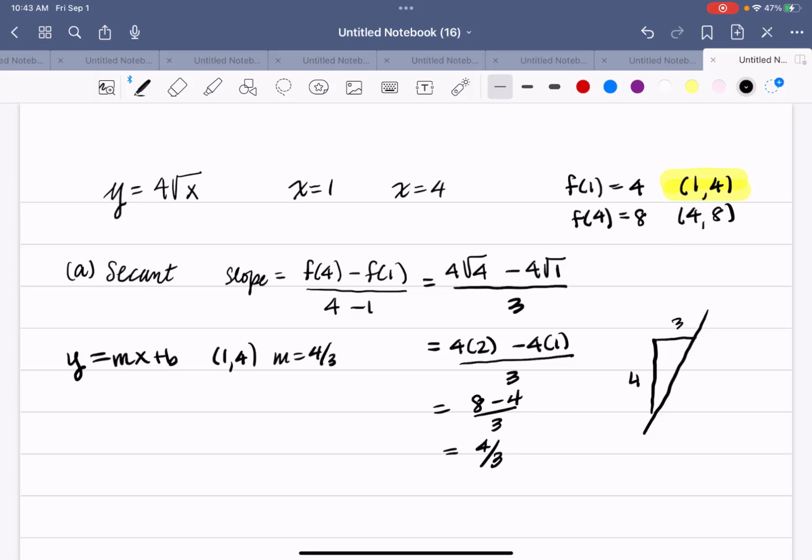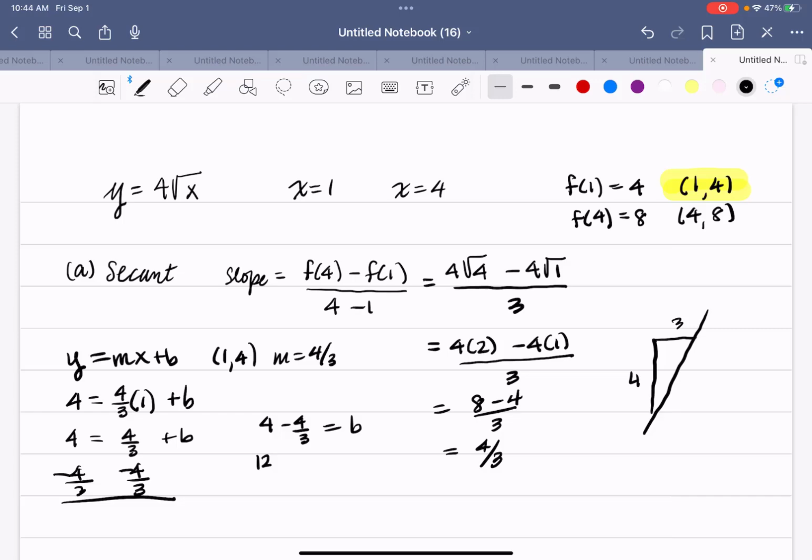So y is 4, m is 4/3, x is 1 plus b. So 4 equals 4/3 plus b. I need to subtract 4/3 from 4. So 4 minus 4/3 is my b value.